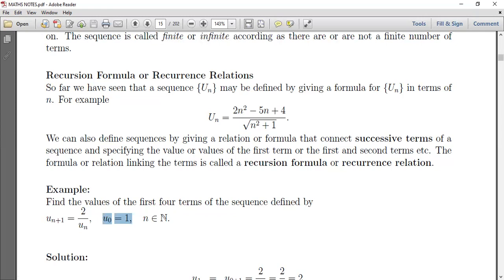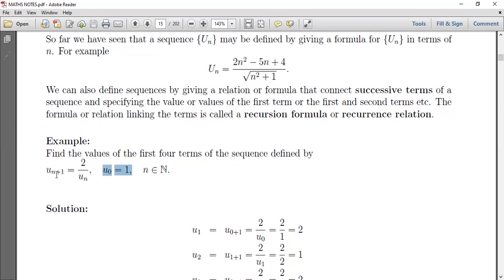So for us to get u1, where there is n, put 0. u1 is equal to u(0+1), which using this formula is 2 over u0. And u0 is given here as 1, so u1 is equal to 2.